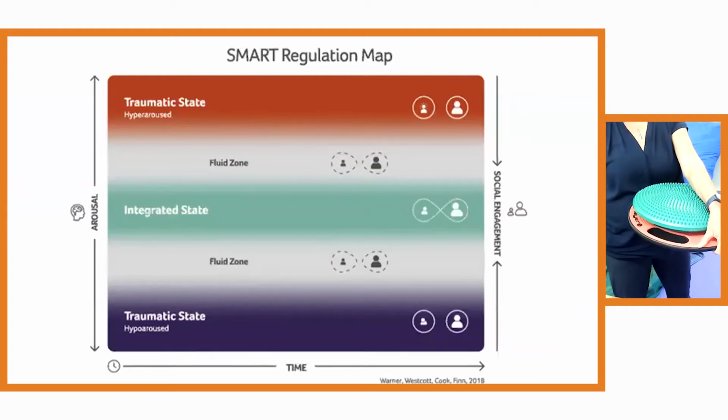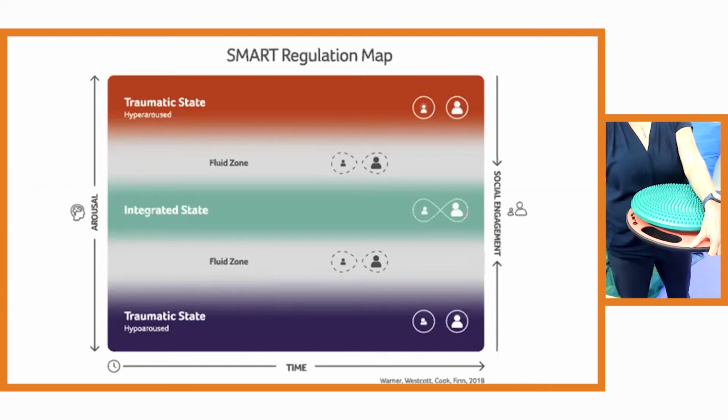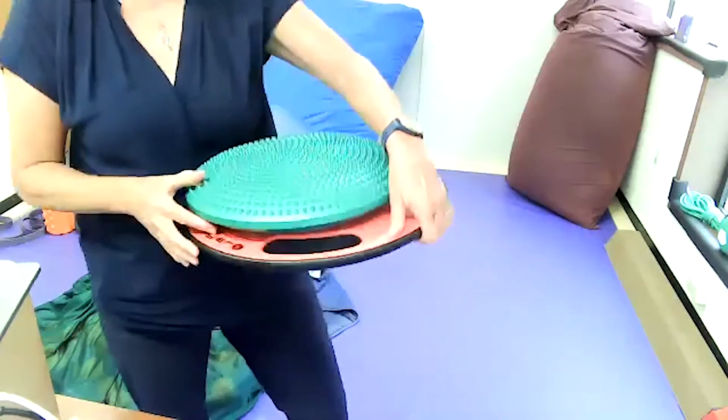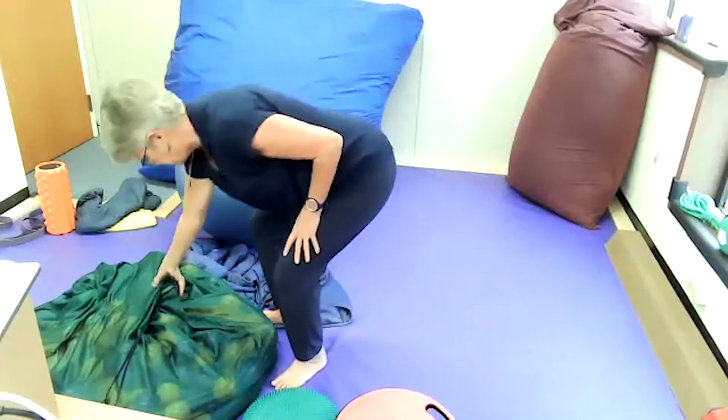Is it moving me up the arousal scale when my feet get this input, or is it moving down the arousal scale? So I'm going to stop sharing. Hold that map, or why don't you take a screenshot if you can of the map so you can bop back to it if you need to. I mean, it's really a variation of the window of tolerance. So here's my inputs.